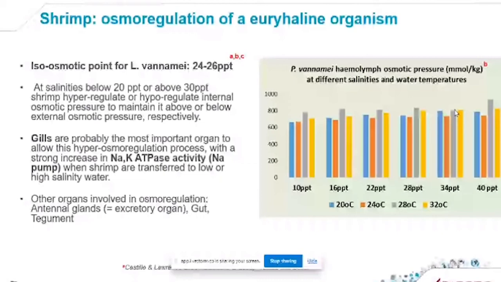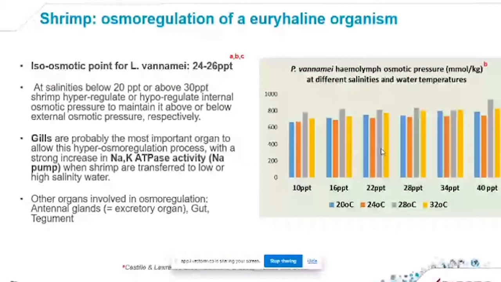Whereas, if you look at 34 ppt and 16 ppt salinity, the osmotic pressure at 16 ppt is less than half of that at 34 ppt. So if the shrimp simply equilibrated, you would have seen a strong drop in osmotic pressure inside the hemolymph of the shrimp, which did not happen.